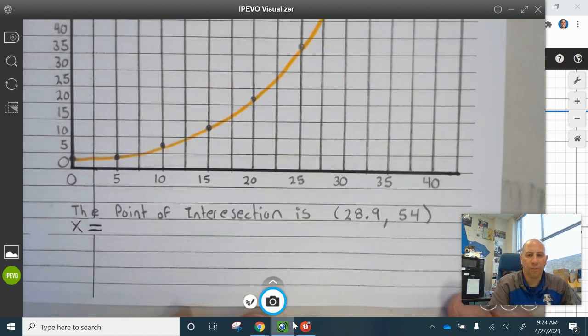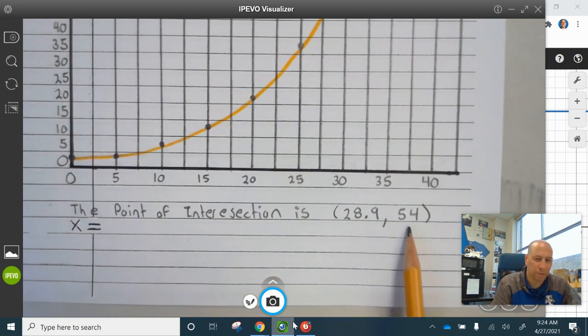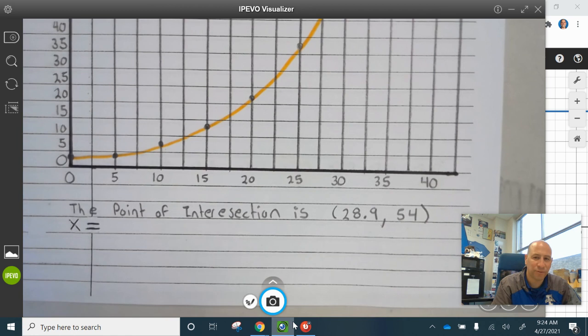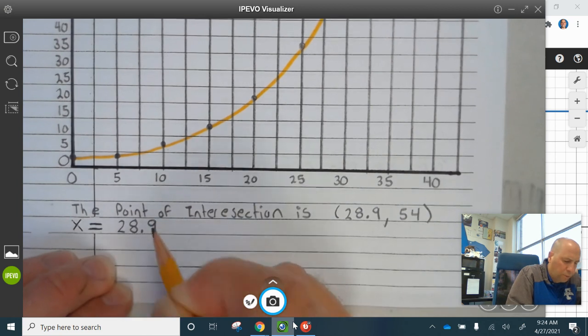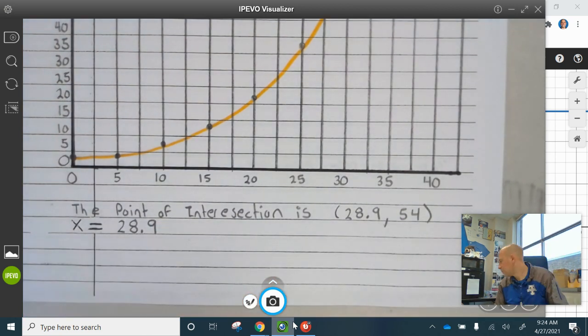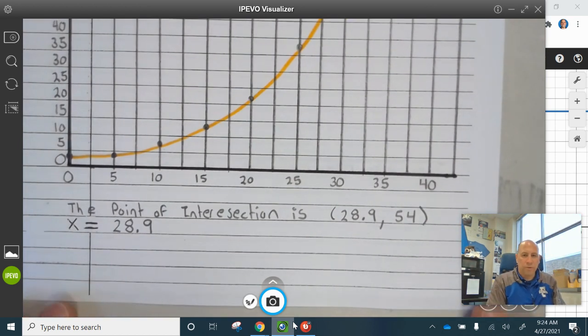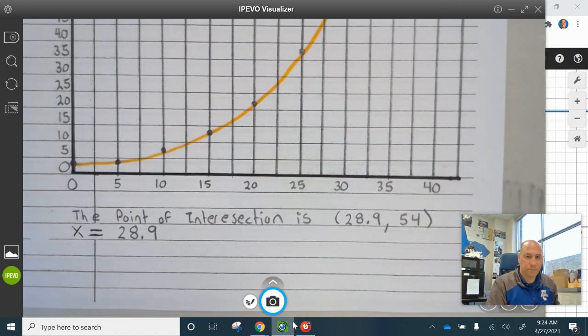Okay, so the point of intersection is 28.9, comma 54. And you want the x value of that, so your x value, or your solution, is 28.9. All right, go ahead and finish up example 1.